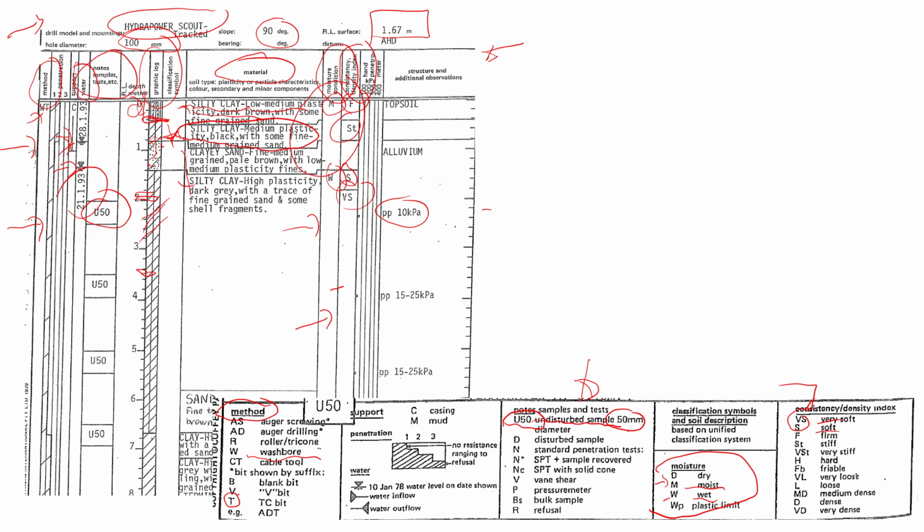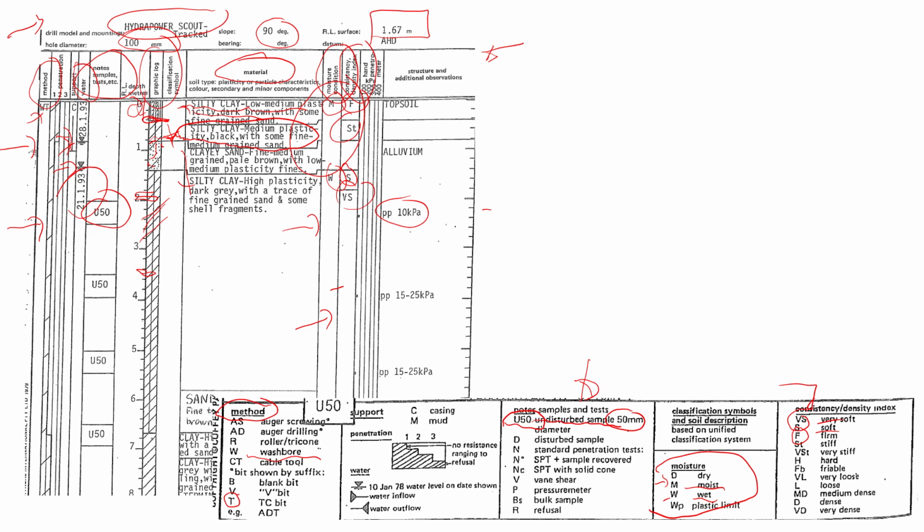Yeah, soft, very soft. Then we have F, which is firm. So it tells you what the consistency of that soil was when this borehole was drilled through that soil, right? So it's very important information because it gives you in situ characteristics of this material.